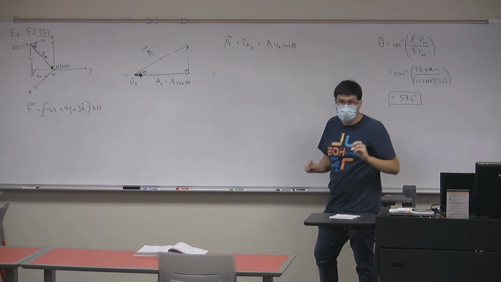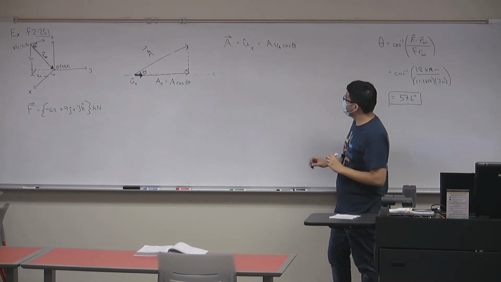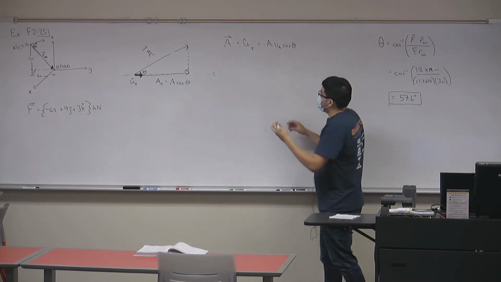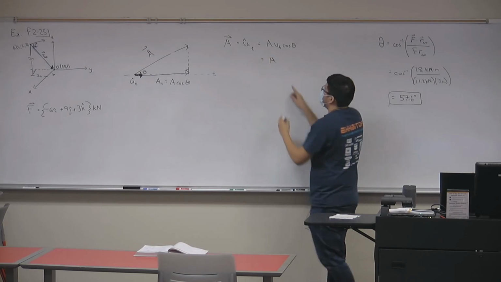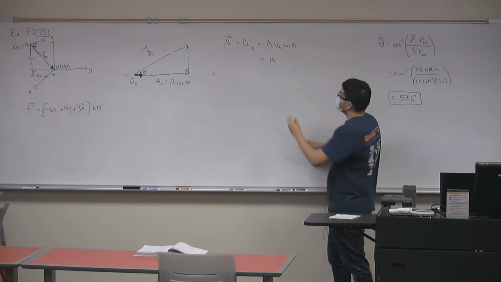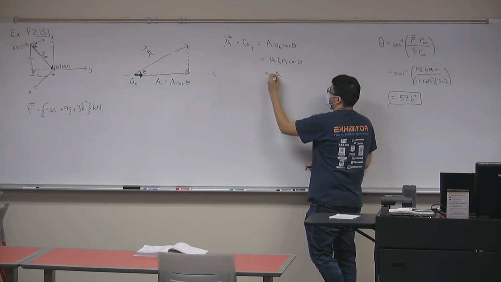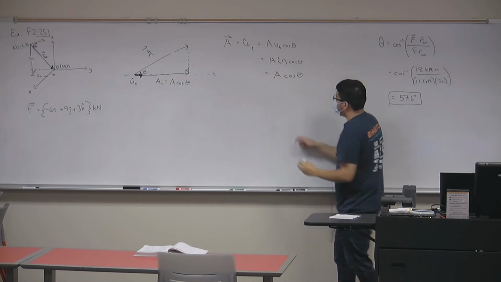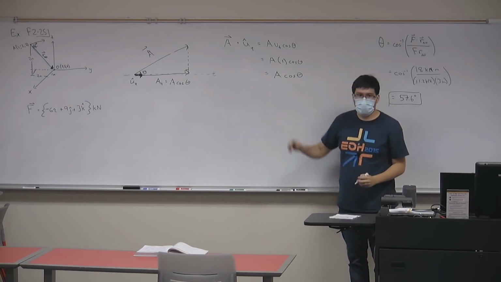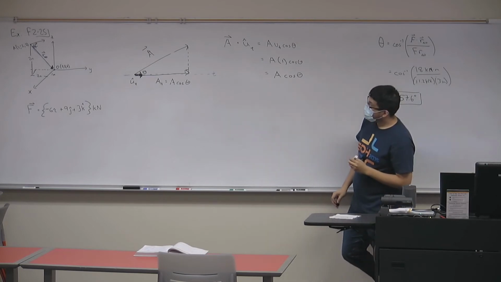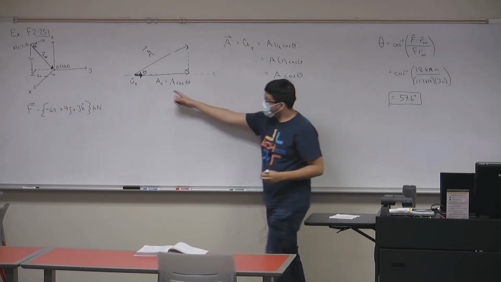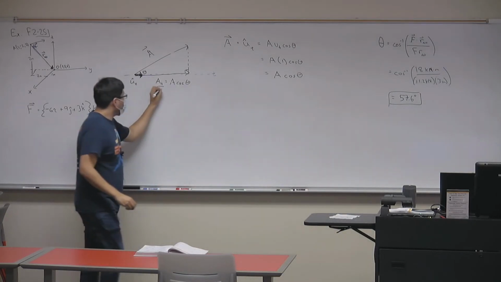Like this? Okay. And what is the magnitude of A? Just A. Let's just call it A. What is the magnitude of ut? 1. And then we have cosine theta. So this is just A cosine theta. Now what does A cosine theta represent in that figure? The bottom line. Yeah. Just the magnitude of the parallel vector.